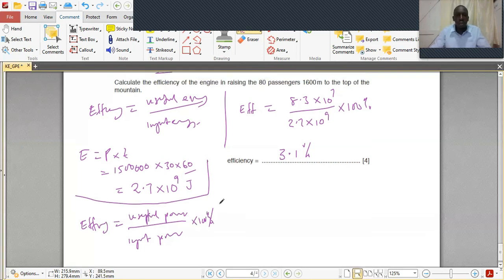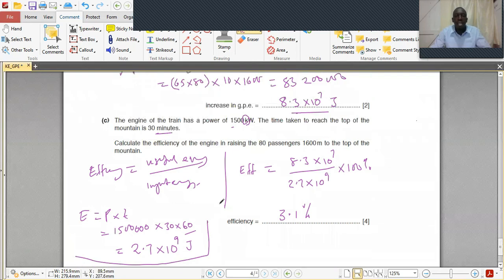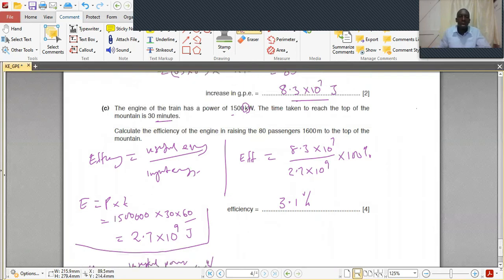From the question, 1,500 kilowatts is the input power. We can therefore determine the useful power from here. Remember, power is defined as energy per unit time. So energy, that is 8.3 times 10 power 7, divided by the time taken, that is 30 minutes. We have to convert 30 minutes into seconds, so that is times 60.